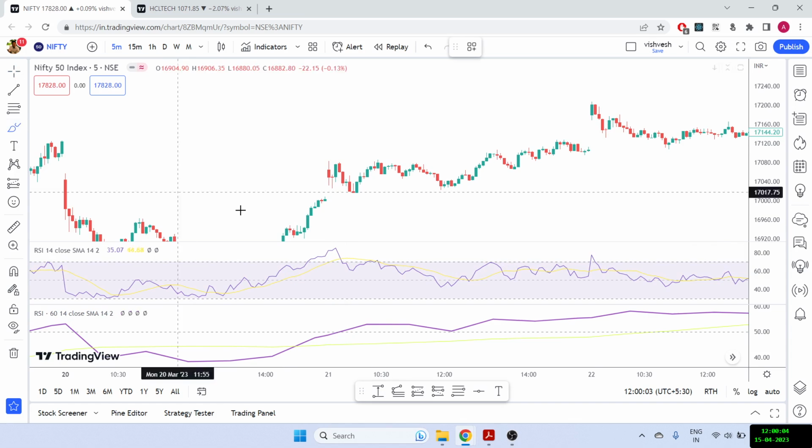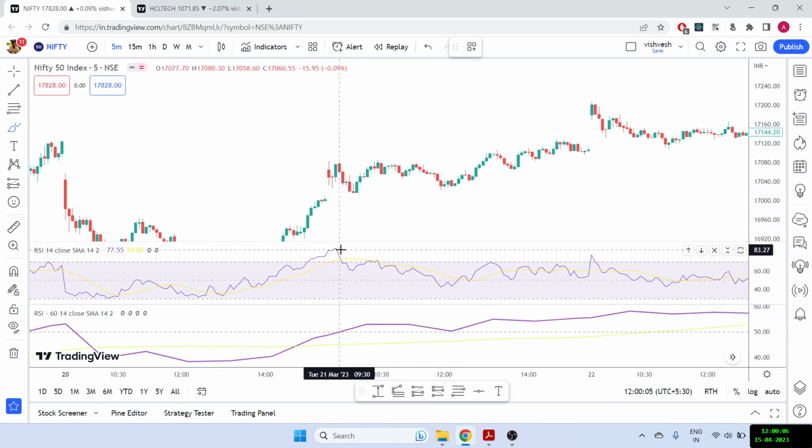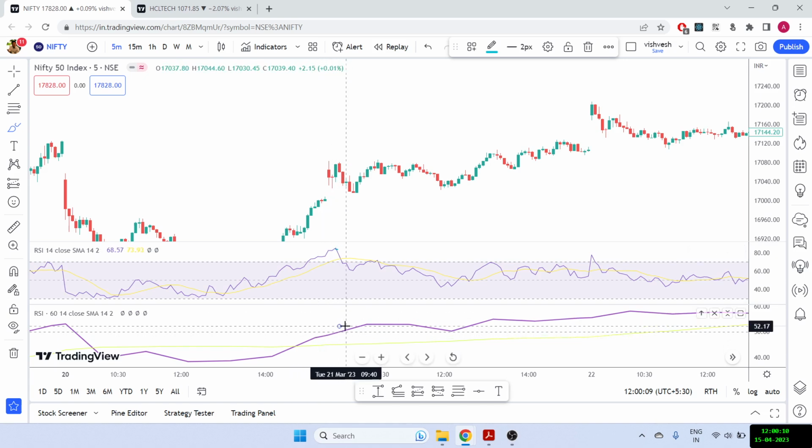So let's take some examples. If you see here, at this point, the value of RSI on a 60-minute time frame is more than 50. So I can only take buying trades because the market is bullish right now. But if you see here, the RSI 14 on the current time frame is giving me a value above 70.